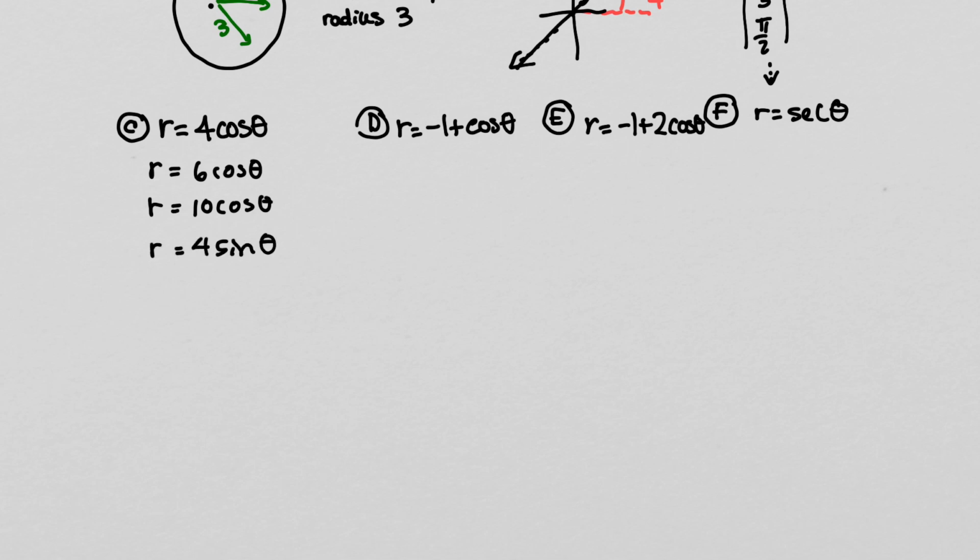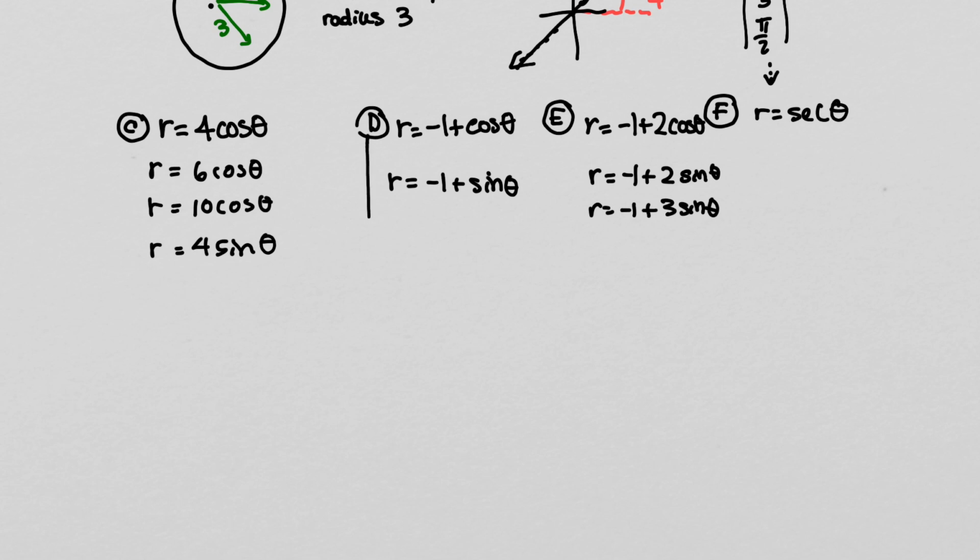So I want to look at different families. Instead of r equals -1 plus cos theta, maybe I'll look at r equals -1 plus sine theta. What does that look like? And maybe I'll look over here, -1 plus 2 sine theta. Maybe I'll look at -1 plus 3 sine theta. So we're going to look at a couple different things here.